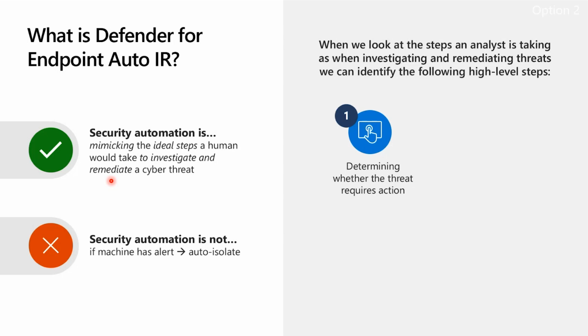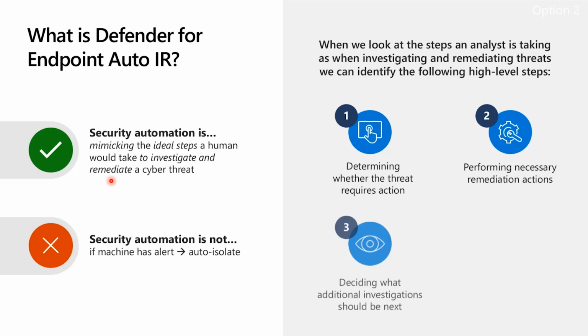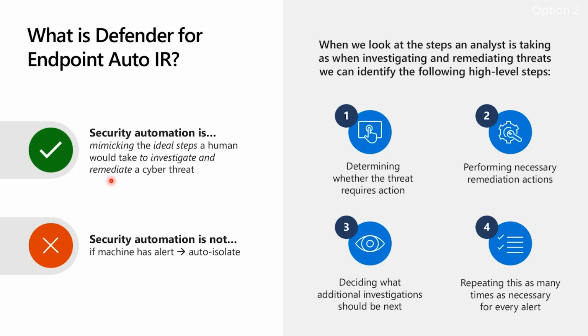So the idea behind AIR is that it is able to determine whether the threat requires an action, perform necessary remediation actions, decide on additional investigations, and repeat this as many times as needed for each alert. So this is where we can actually set it to do this automatically.